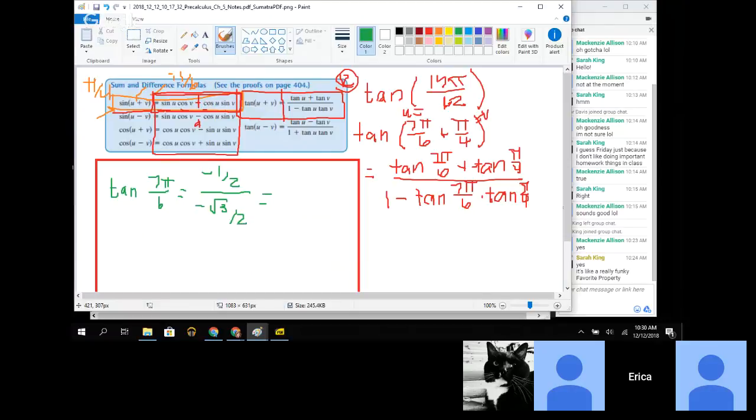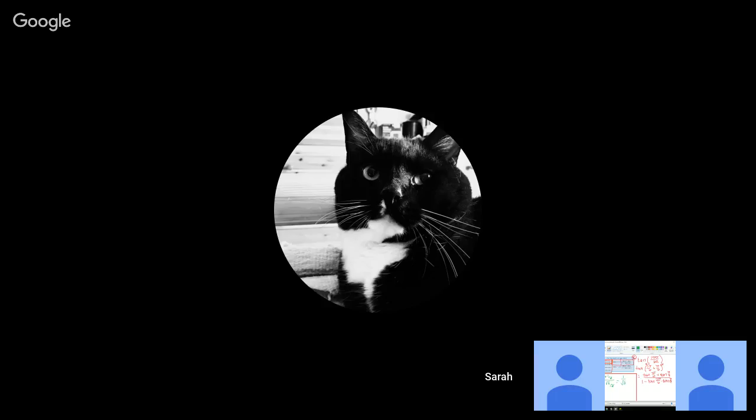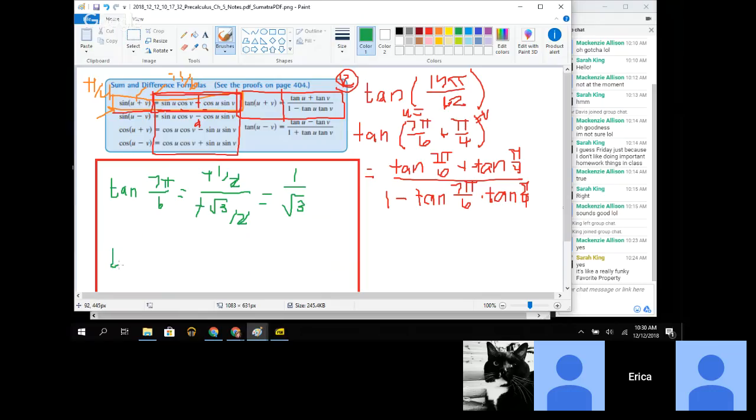If I simplify this, the negatives cross off, the 2's in the denominators cross off, and you get 1 over the square root of 3, which we don't totally love, but we're going to leave it there for now.